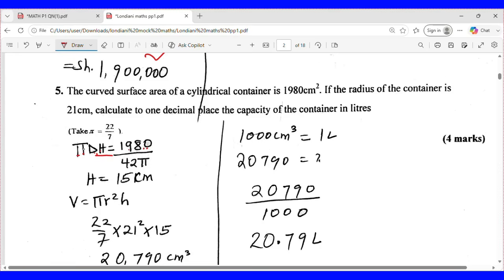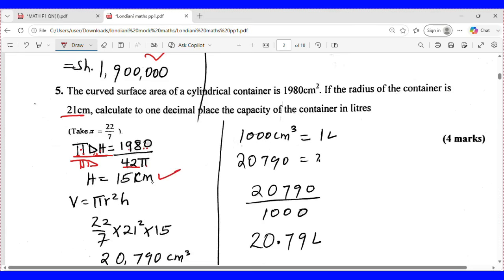So you remove the pi here, you divide both sides. The radius of the container is 21, therefore I'm using this formula for diameter. The diameter is 42. So you divide by the pi and the diameter. When you divide that, it gives you h is equal to 15.